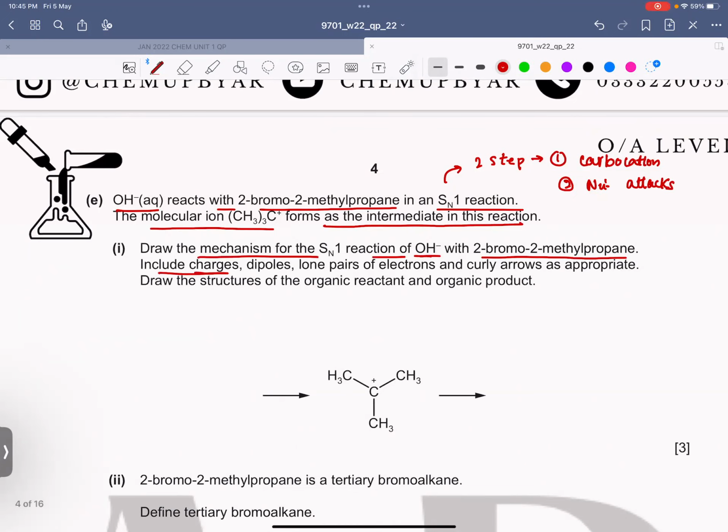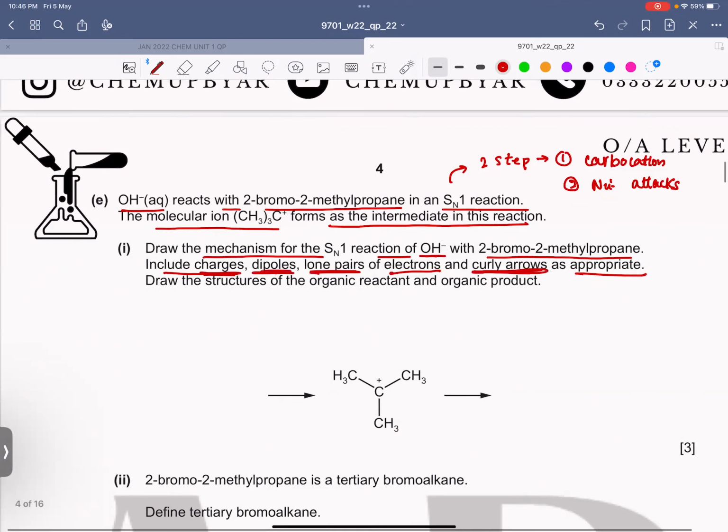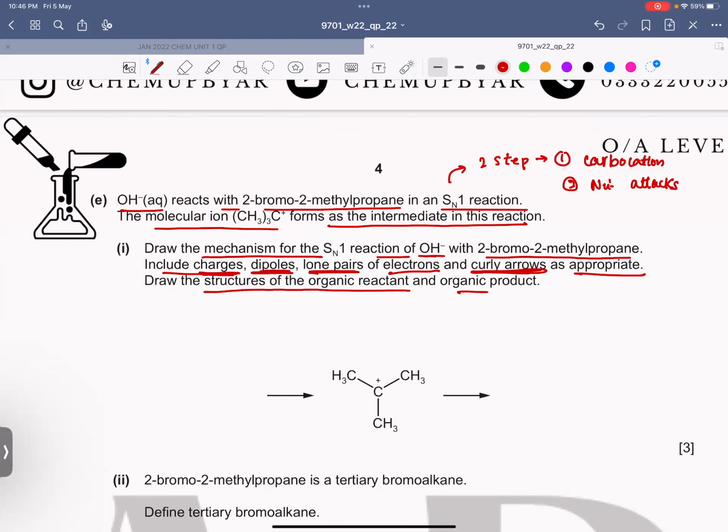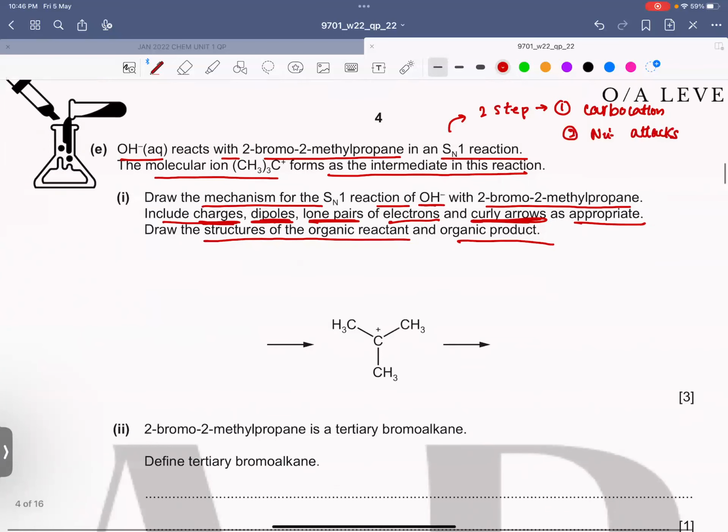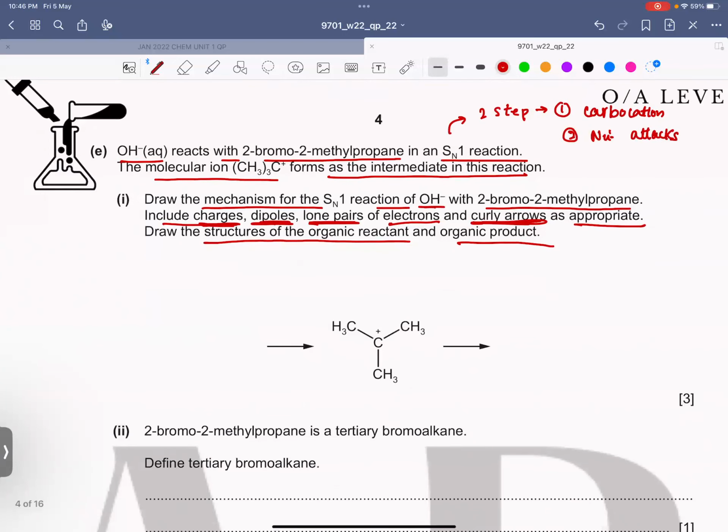Include the charges, dipoles, lone pairs of electrons, and curly arrows as appropriate. Draw the structure of the organic reactant and organic product. Okay, so if you see, they have missed both the things. They have shown you the intermediate carbocation, and if you see the name of the reactant, it is 2-bromo-2-methylpropane.